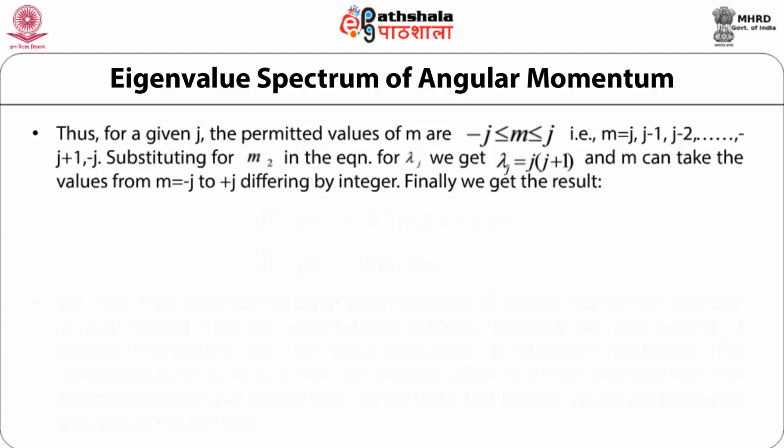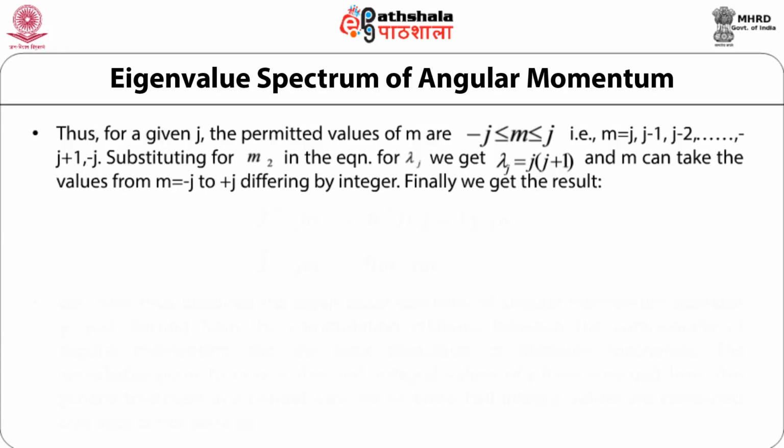Now, substituting for m2 in the equation discussed above for lambda j, we get lambda j equal to j times (j plus 1), and as seen before, m can take the values from minus j to plus j with each value differing from the other by an integer.